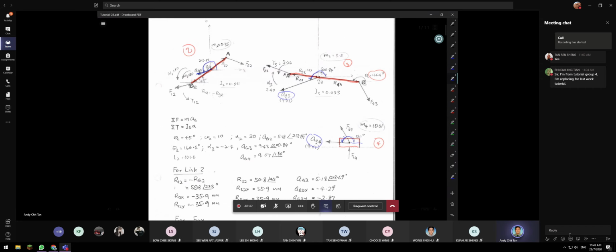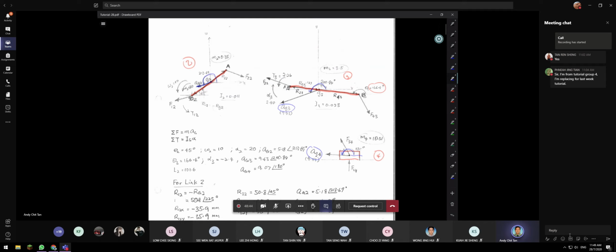Now for link number 3, the radius is given because you know where G4 and G3 are. From the given values, you can know your R43. R43 means towards link number 4 and is on link number 3. And we know the direction.